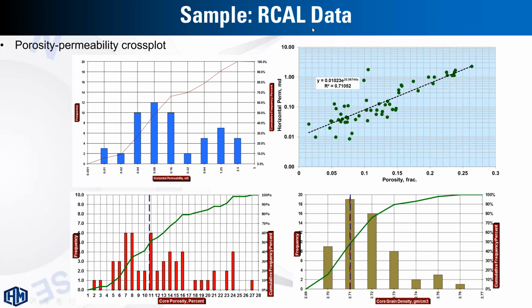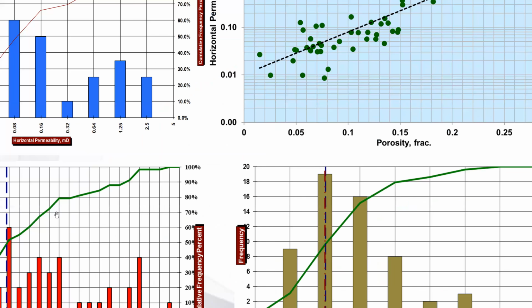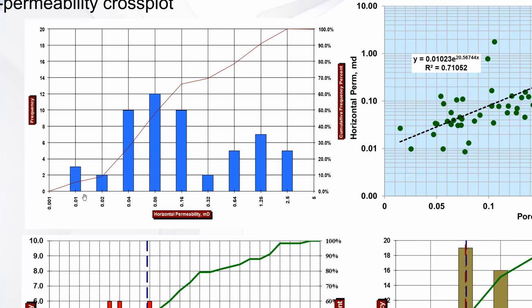The RCAL measurements, as you can see, simply give you cross plots of core porosity and permeability, and histograms of porosity distribution, horizontal permeability distribution, and grain density. As you can see from the range of permeability, it's actually a tight reservoir.